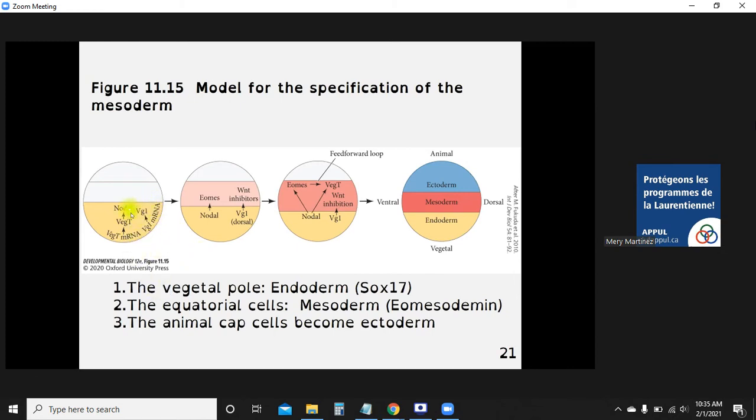This is what we see right here. Okay, and that induces the future dorsal mesoderm to transcribe genes for several wingless antagonists. So VegT activates nuclear genes that encode nodal proteins, as we see in here. Now we have nodal completely expressed in this bottom part, so the vegetal, which is the endoderm. And all of these are TGF-beta family members that activate the expression of transcription factors, as we have seen prior.